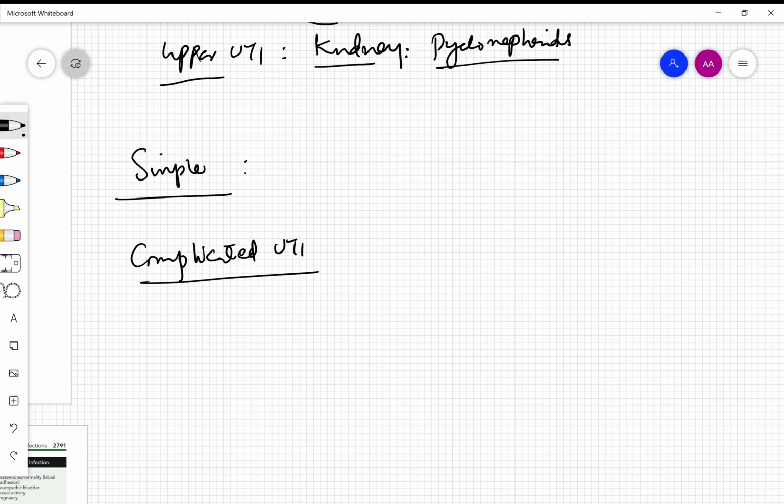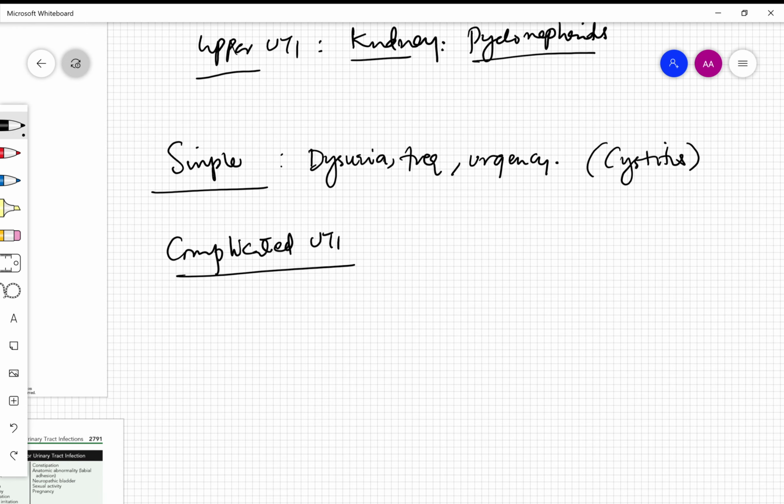In simple UTI there are the typical symptoms like dysuria, frequency, urgency, and this is usually due to cystitis.